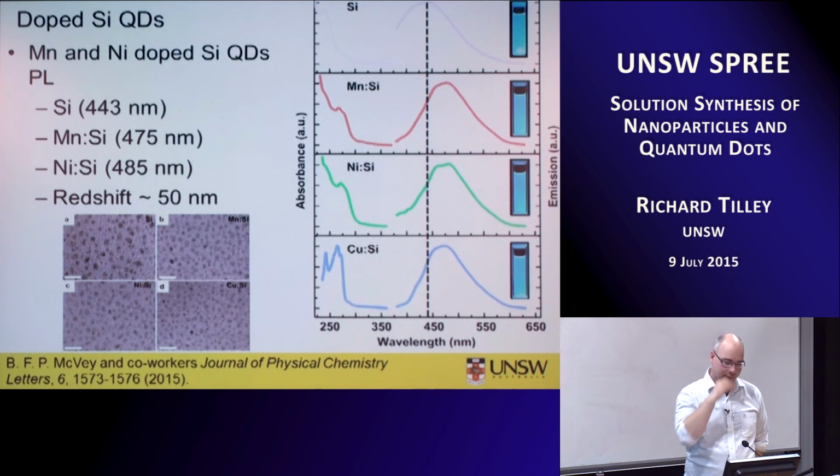There are different methods to make dots, say etching methods, and they can make larger amounts, but they typically have less control in terms of what they're synthesizing. In terms of putting different groups on the surface, we have good control in terms of the chemistry, in terms of what types of molecules we could put on the surface.